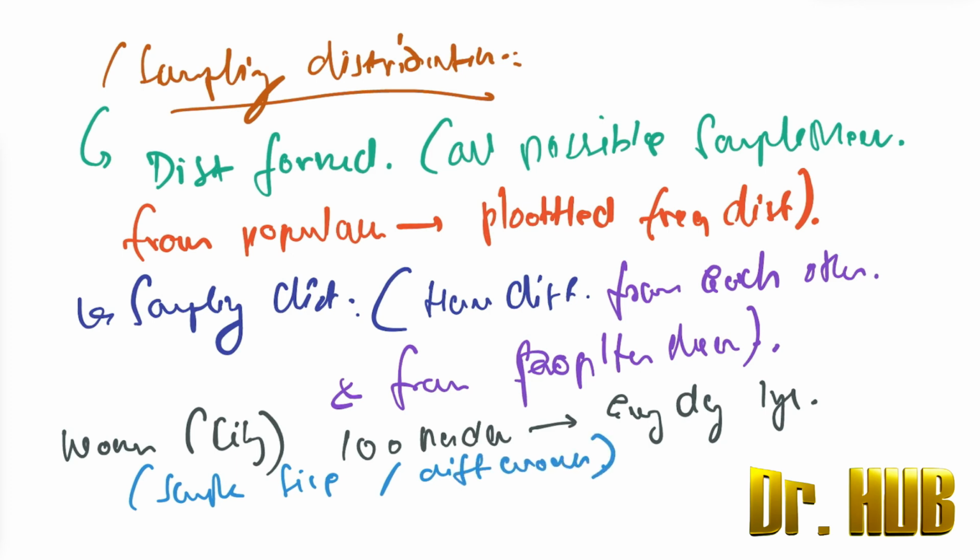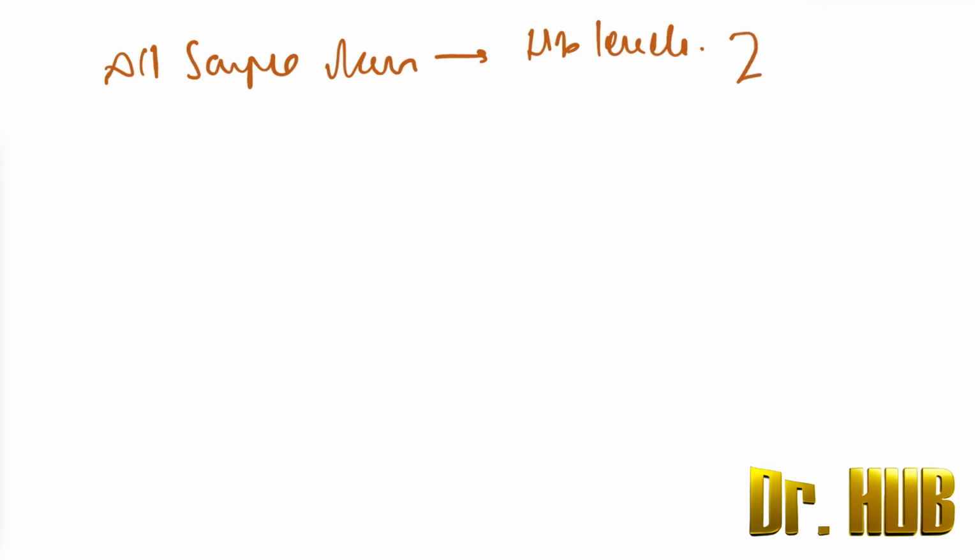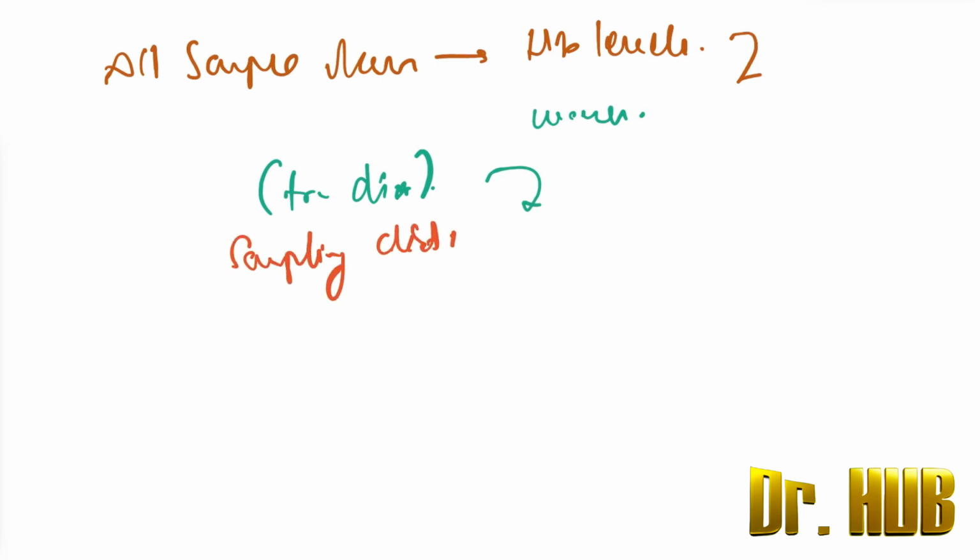If all the sample means of the hemoglobin levels of women are plotted in a frequency distribution, they would be called a sampling distribution, and it would resemble the normal distribution.